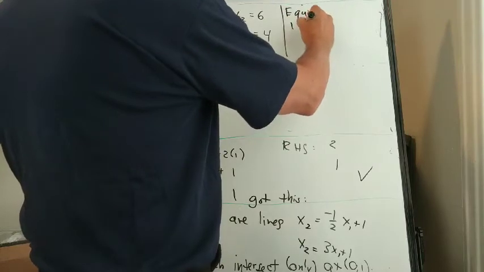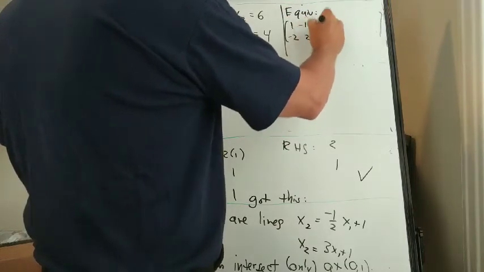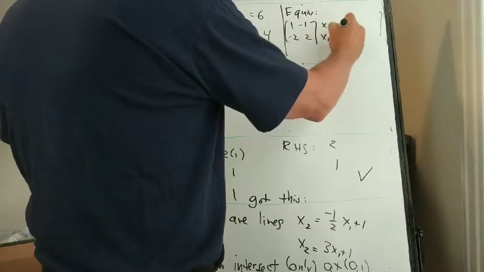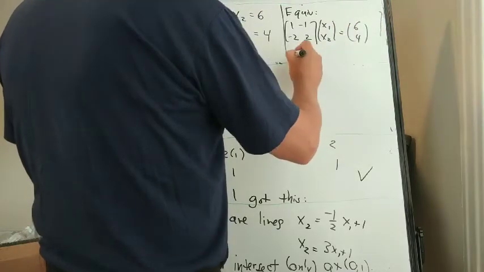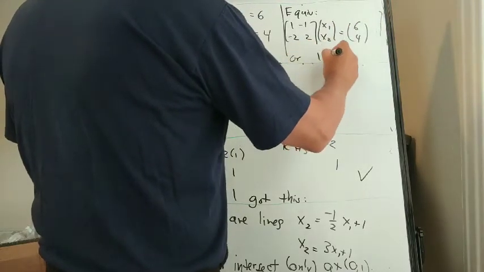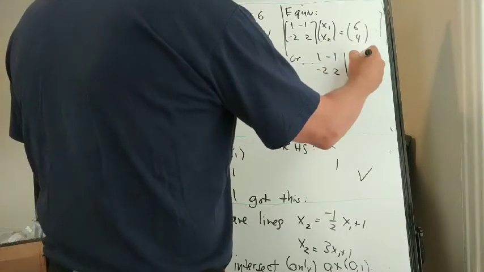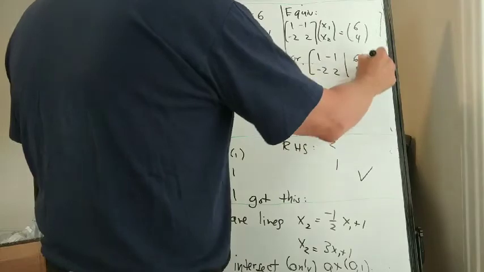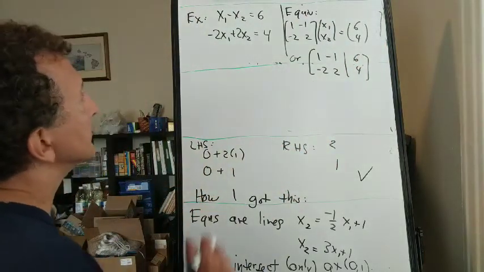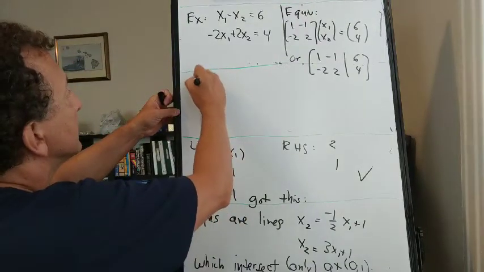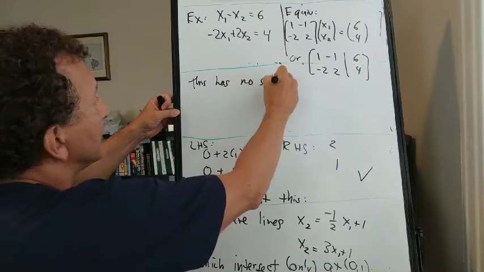Equivalently 1, negative 1, negative 2, 2, times x1, x2 equals 6, 4, or 1, negative 1, negative 2, 2, vertical bar 6, 4. This has no solutions.